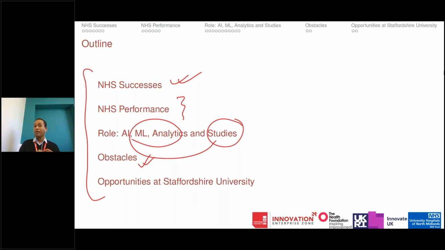Some of them are arguable, but when we get there, we can have a little discussion and see what the hindering factors are in NHS digitalisation. Lastly, I'm going to present what Staffordshire University can offer as one of the prominent or growing higher education institutes within the West Midlands region.